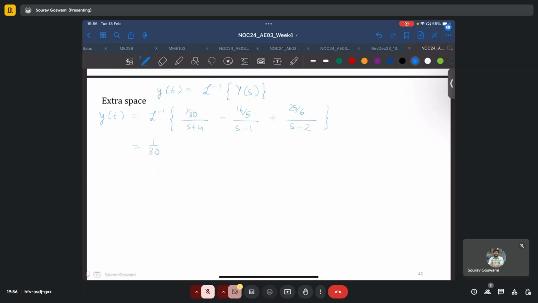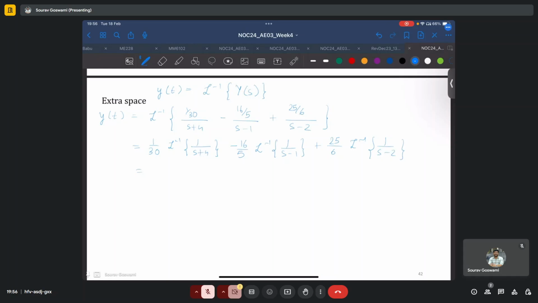And from the properties of the transform, this becomes 1 by 30 times the inverse of 1 by s plus 4 minus 16 by 5 inverse Laplace transform of 1 by s minus 1 plus 25 by 6 times the Laplace inverse of 1 by s minus 2.